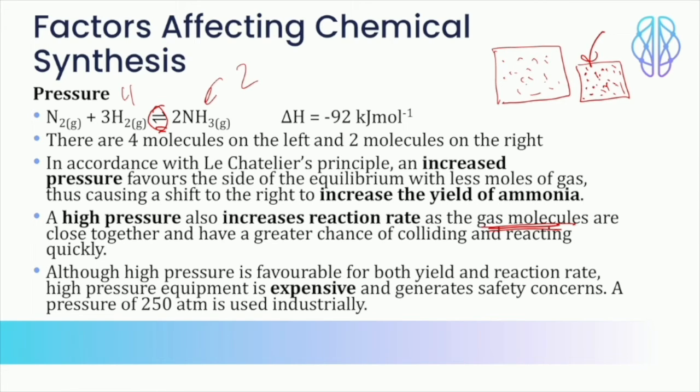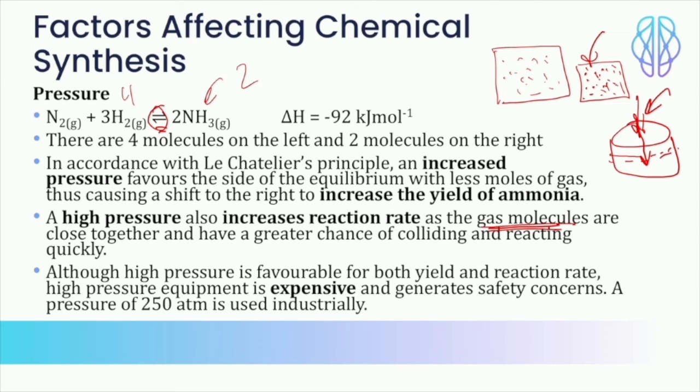Typically an increase in pressure is done through a reaction vessel and a large cylinder, where you apply some sort of pneumatic pressure so the cylinder is going down. Although this is great in theory, a very high increase in pressure is detrimental for 2 reasons. Firstly, it's expensive, because this pneumatic device is expensive to start off with, and to sustain that level of high pressure is really expensive.